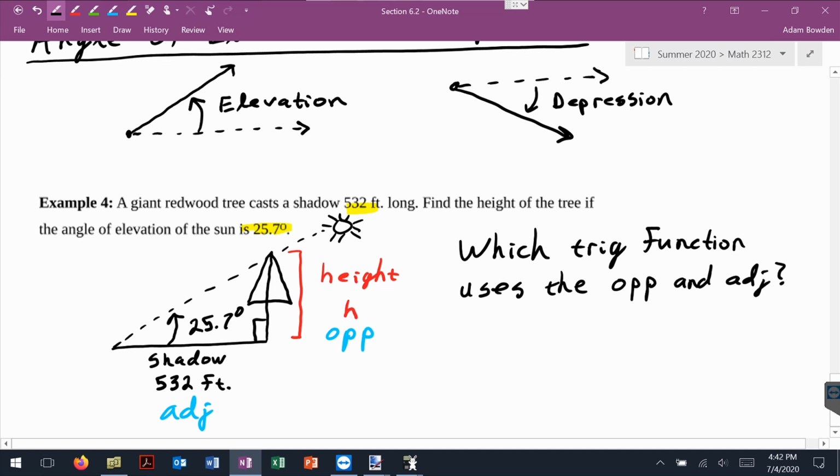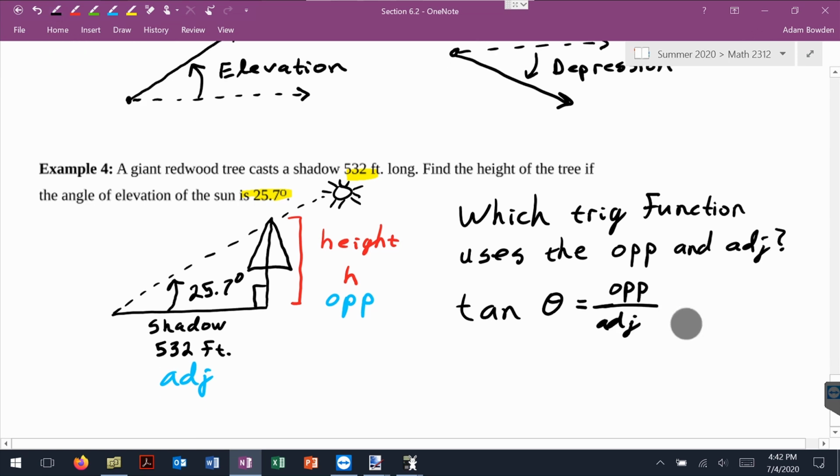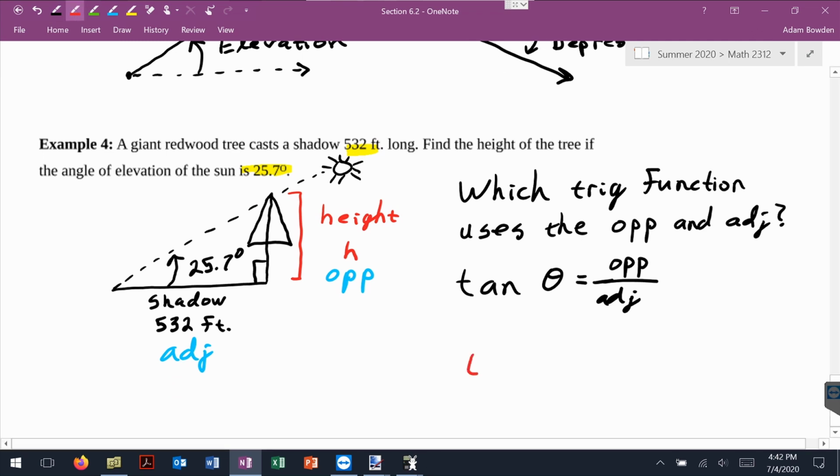Technically there's two, but the one we're going to use pretty much all the time is tangent. Tangent theta is equal to opposite over adjacent. And so in our case, we plug the numbers in. We get tangent 25.7 degrees is equal to opposite h over adjacent 532.